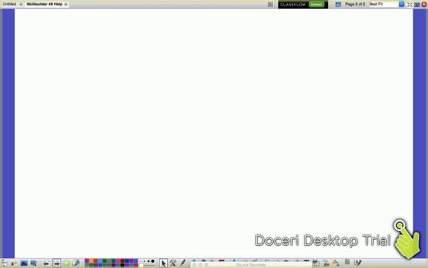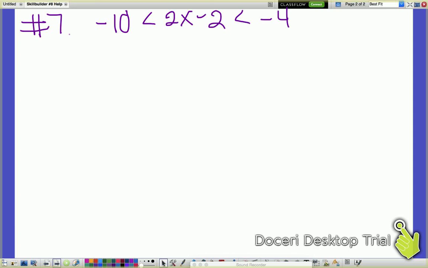All right, 7. I know it's going to seem like I'm doing all of these, but I'm really not. It says solve the inequality and graph the solution. All right, I'm going to solve this inequality by solving it like I was solving an equation.